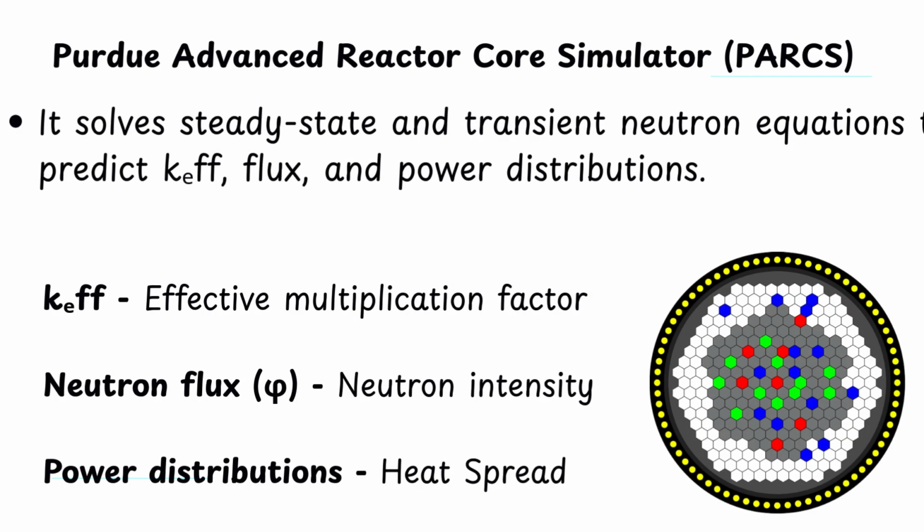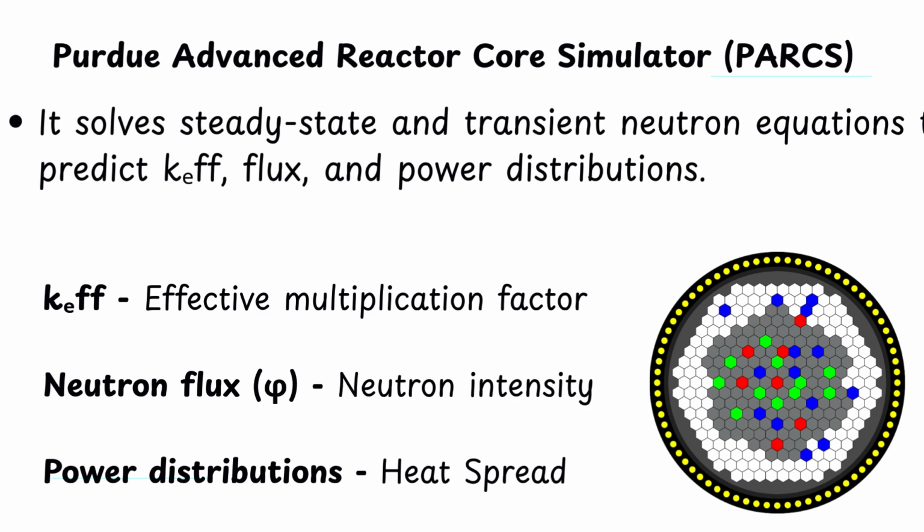And it solves steady state and transient state neutron equations. It means it solves the equations and gives us a simulation. There are two states here, steady state and transient state. Steady state means it will give us a snapshot of the reactor, where the parameters are fixed. But transient state is where things change, parameters change, and it uses a changing simulation.